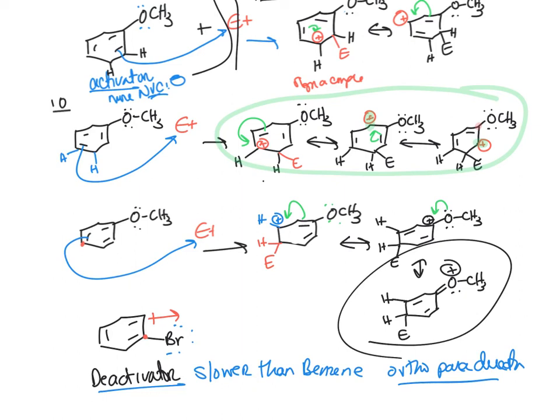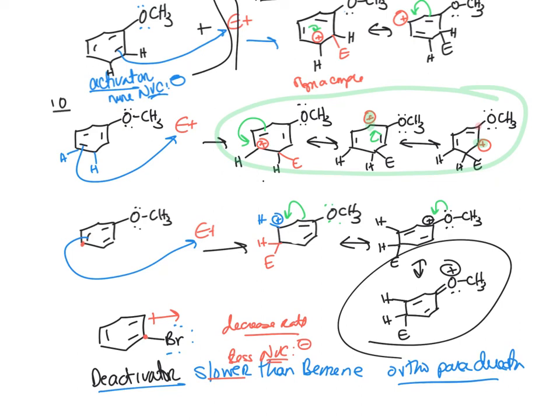So between this carbon and bromine is your polarity. That's the direction of electron flow. So it's pulling the electrons out of the ring. So this is going to be slower. It's going to be less nucleophilic than benzene. But using this information to determine what effect induction would have on the rate of bromobenzene in an electrophilic aromatic substitution, it would decrease the rate.